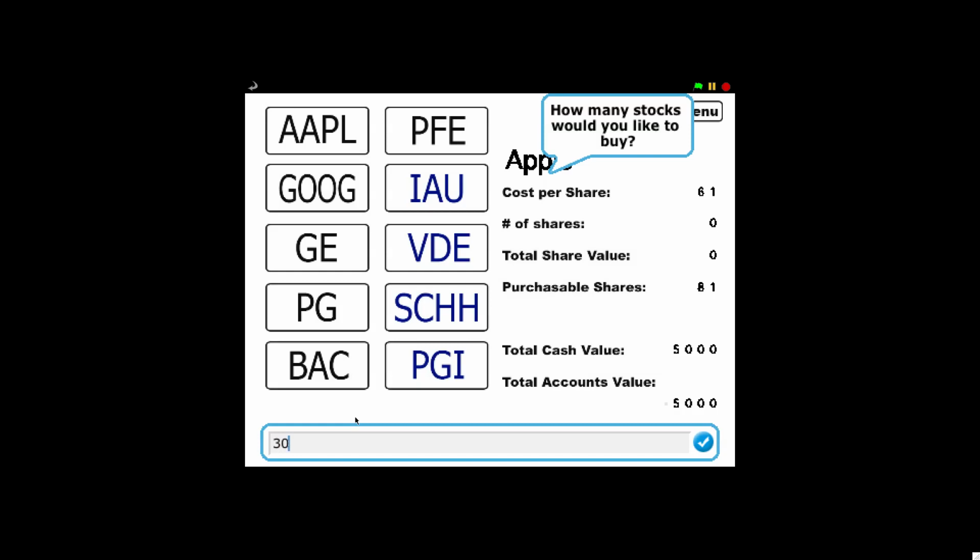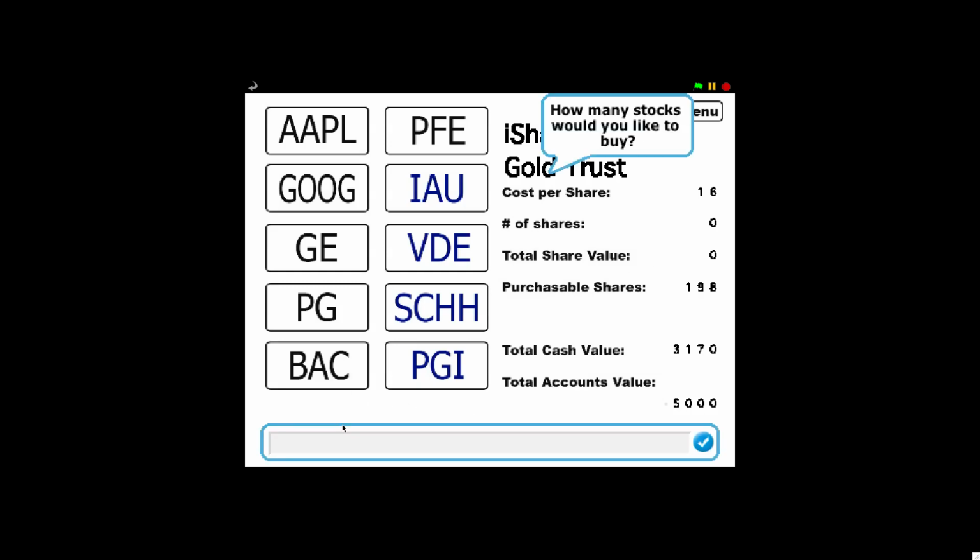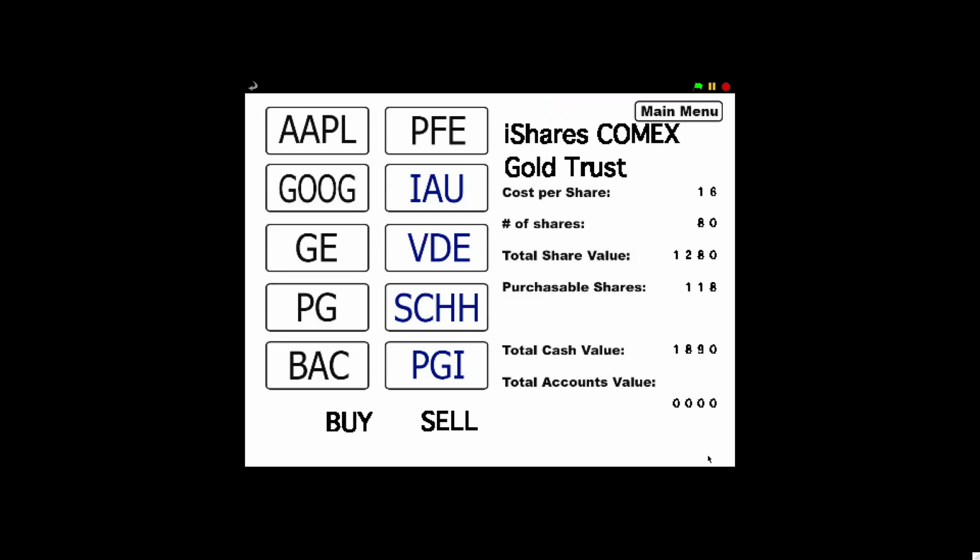You just type in the number 30 and click enter, and it refreshes, telling you how many shares you have and the total share value, and also changes your total cash value, which shows you how many you can buy. Let's buy 80 of this one.